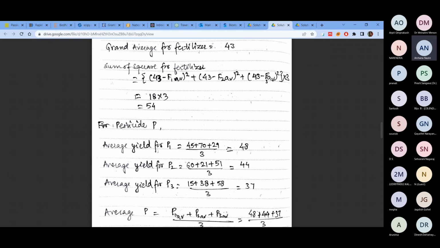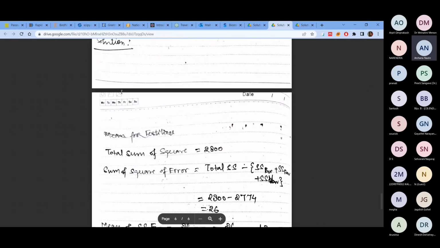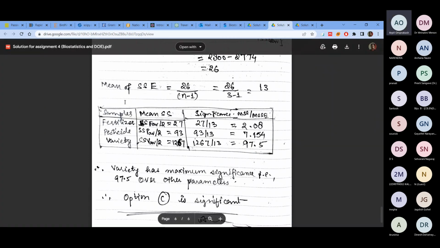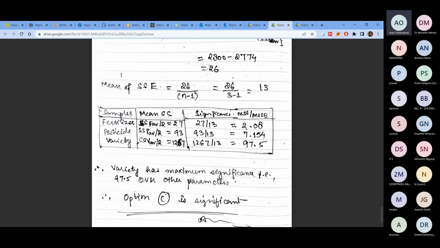To calculate the mean sum of squares, you have to divide by the degrees of freedom. For the significance, you have to divide the mean sum of squares of this by the mean sum of squares of error.